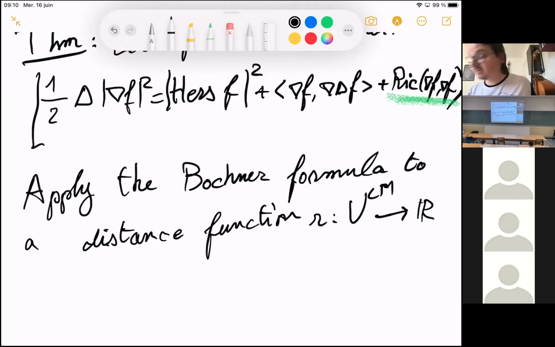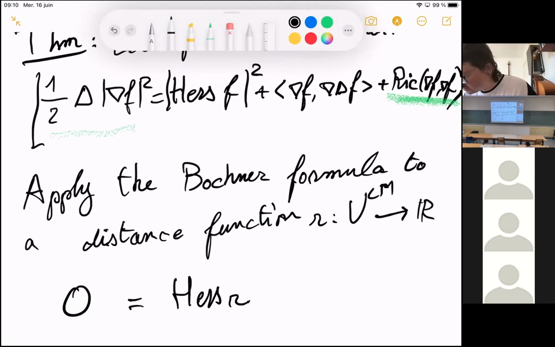If we have a distance function, its gradient has constant length, so this term will give 0 here. And here we will have the Hessian of r squared plus, well, how can we write that?